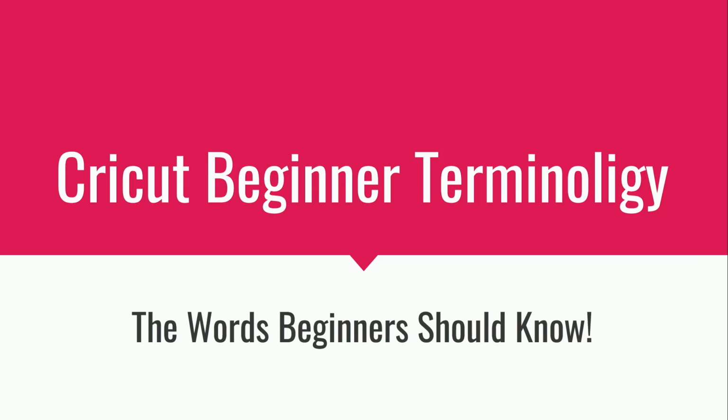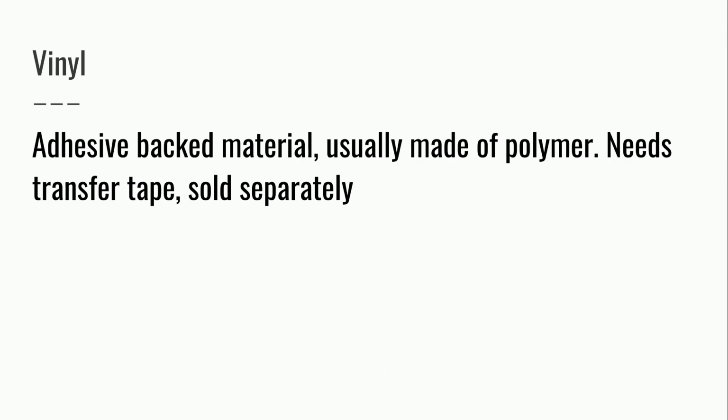Okay, so to start off with, we're going to start really simple with vinyl. Now, vinyl is an adhesive-backed material, usually made of polymer. It does need transfer tape that is usually sold separately. That is what vinyl is. That is your everyday, regular adhesive vinyl.